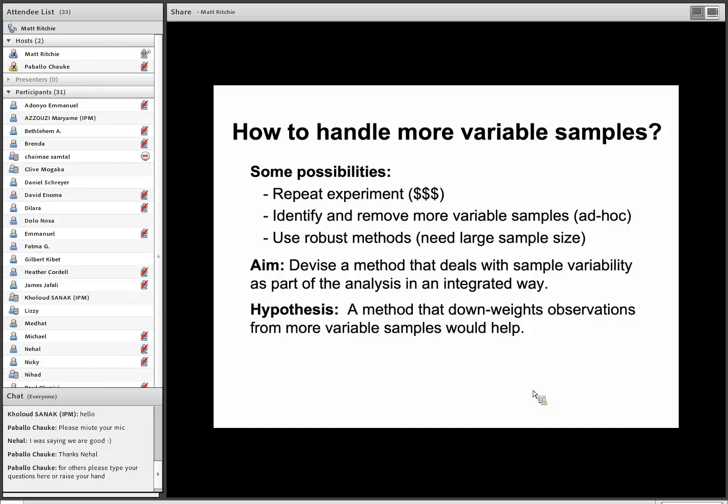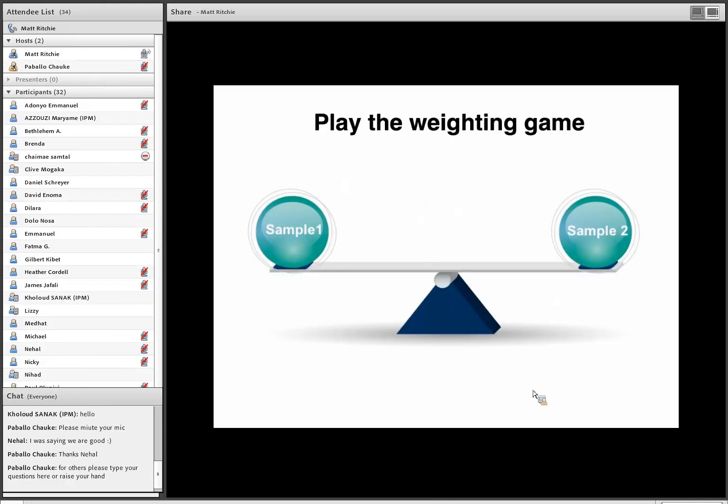So our research problem was to try and solve this. And so we did this by devising a method to deal with sample level variability in an integrated way as part of the analysis. And our hypothesis is that if we downweighted observations from more variable samples, this would really help the analysis. So what we're doing here is trying to weight samples in different ways.